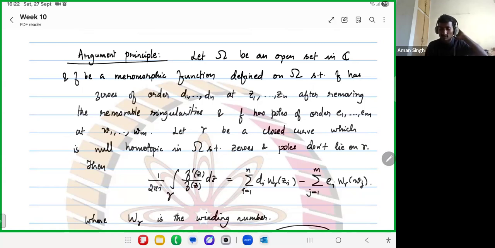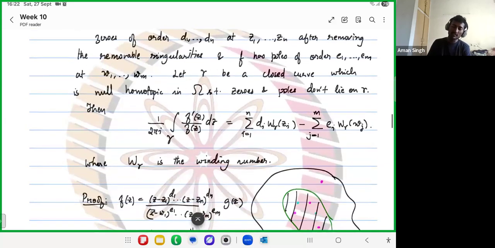After removing the removable singularities, f has poles of order e1, e2, ..., em at various points w1, w2, ..., wm. Gamma is a closed curve which is null homotopic in omega such that zeros and poles don't lie on gamma. Okay, then what happens if you take the integral of f prime by f?